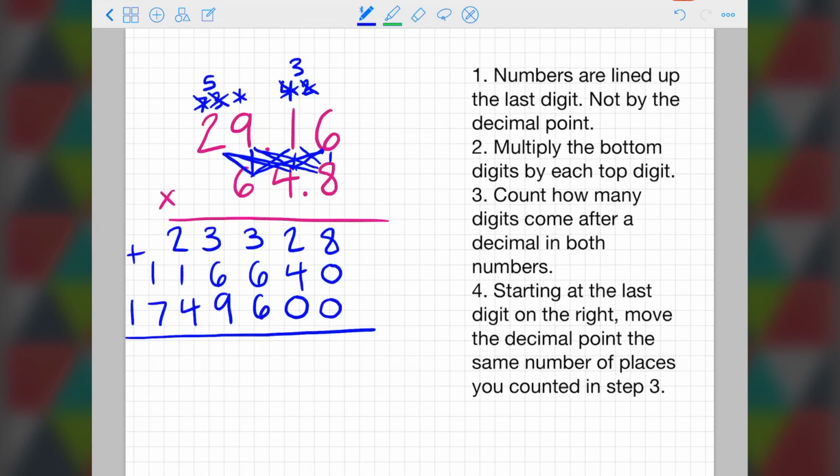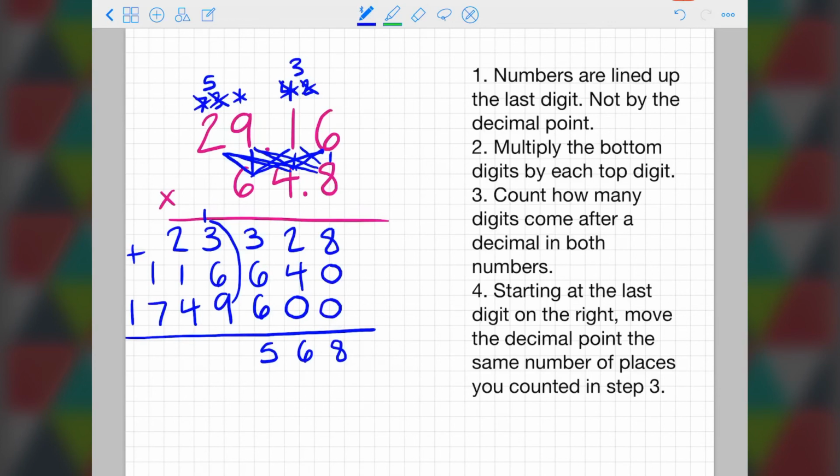So 8 plus 0 is 8. 2 plus 4 plus 0 is 6. 3 plus 6 plus 6 is 15. Carry that 1. Now I have 1 plus 3 plus 6 plus 9. That's a lot of numbers. I'm going to go ahead and add my 9 and my 1 first, because that's going to make an even 10.